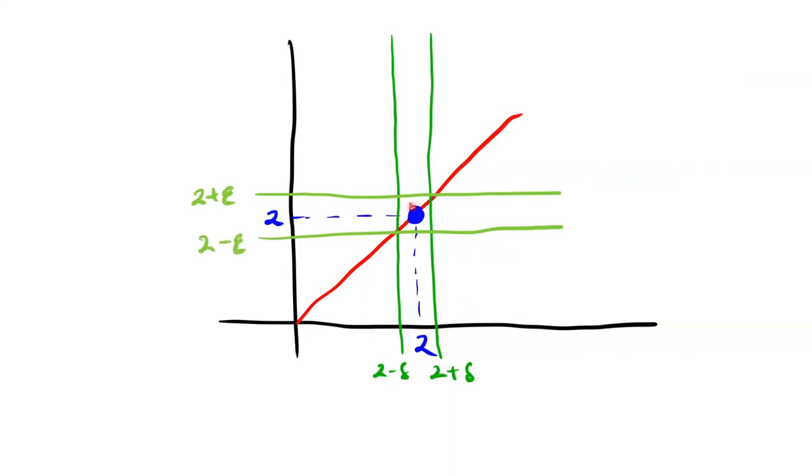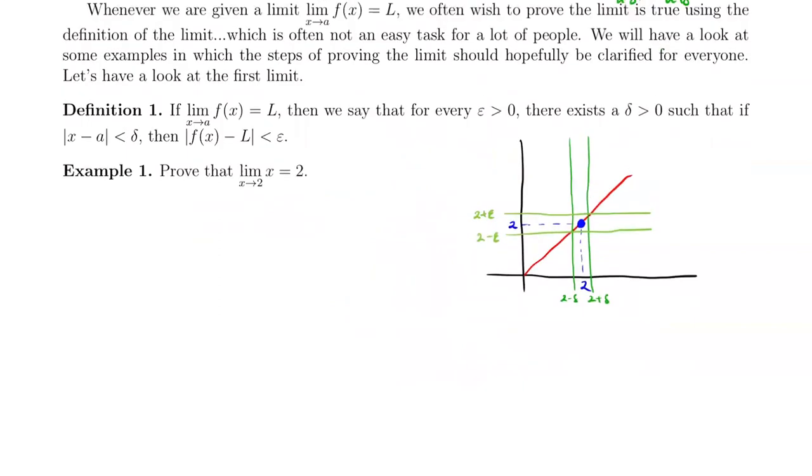So our goal is to show that the distance between the function and the limit is going to be smaller than epsilon here. Okay, so that's the goal here. So let's start with the definition of the limit here. Well, we know that if we have x minus 2 less than delta, we have f of x minus L is less than epsilon.